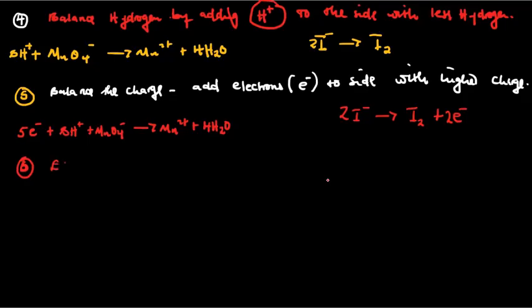If at all the number of electrons you have added are different, exchange them. After balancing, you also need to exchange them. If they are different, you exchange them and then multiply with the equations.